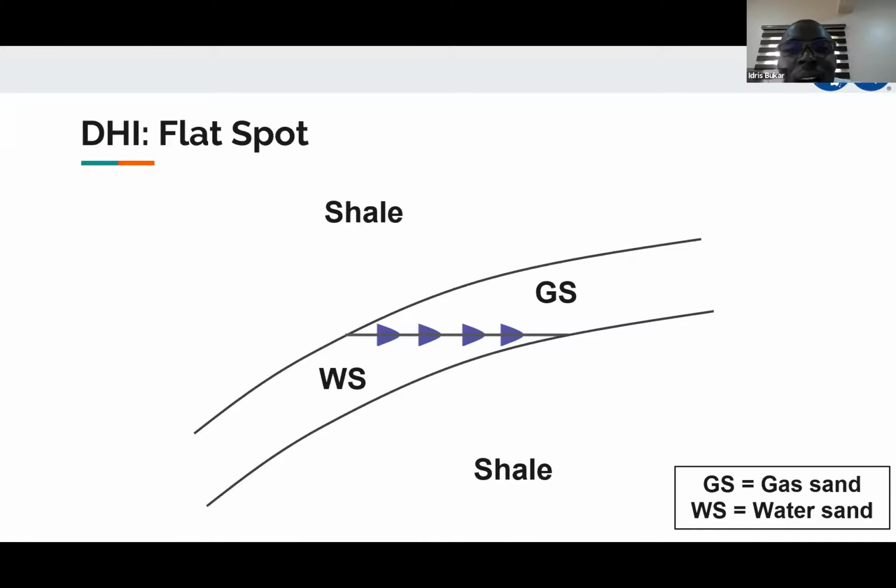We do our gross rock volume, our net to gross, our porosity, our fluid saturations. We put together everything to get our oil in place and what have you. You would use seismic to do that, but really you're going to have quite a large uncertainty, right?